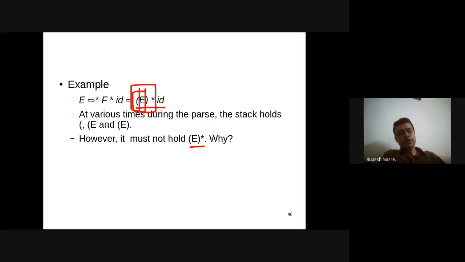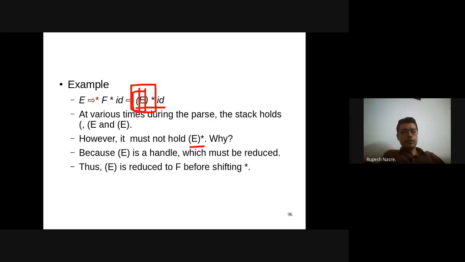So parenthesized E is going to be replaced with F before we start shifting star, and therefore such an expression will never appear on top of the stack.